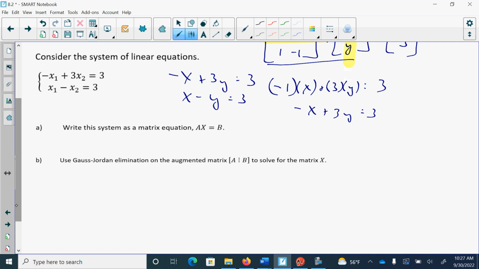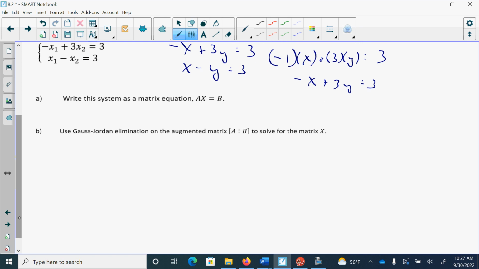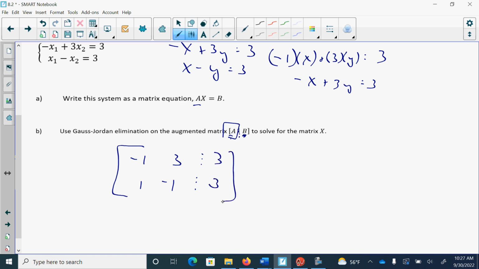So what I'm going to do, for today, and just for today, is write the matrix C. This is my coefficient, and then we're going to do the dots, and then this is B. So I'm going to take -1, 3, 1, -1, put the dots, and my answers were 3 and 3. And then I'm going to use Gauss-Jordan elimination.